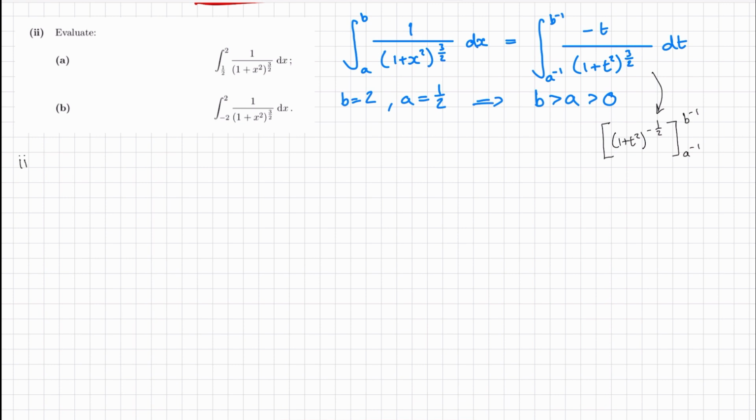So let's take the first part. Let's choose a equal half, b equal 2, and our integral, which is now going to be as simple as a couple of lines.